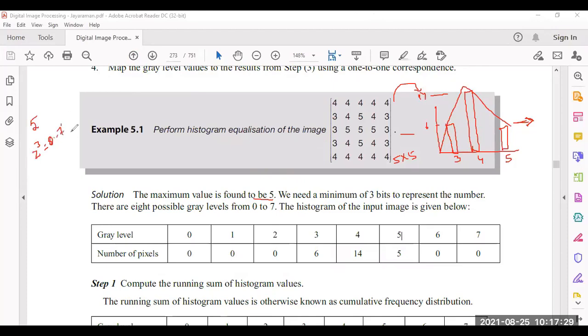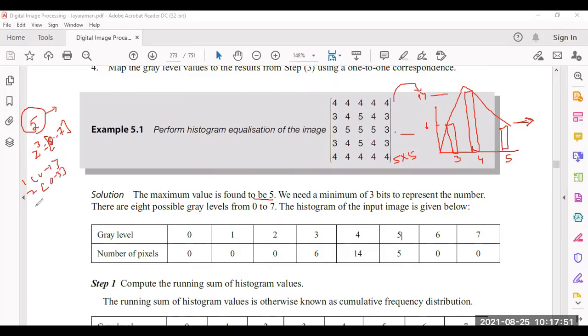है कि नहीं? अगर हम लोग 3 बिट यूज करेंगे ना, मैक्सिमम इंटेंसिटी क्या था यहाँ पर? मैक्सिमम इंटेंसिटी था 5. To represent 5, minimum कितना चाहिए? If I use 1 bit, I can represent only the range 0 to 1. If I use 2 bits, I can only represent 4 values, that means 0 to 3.